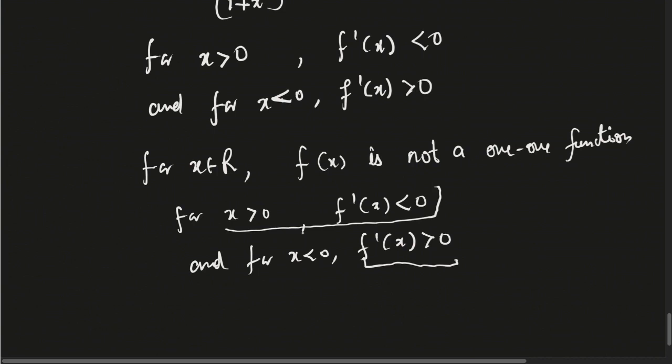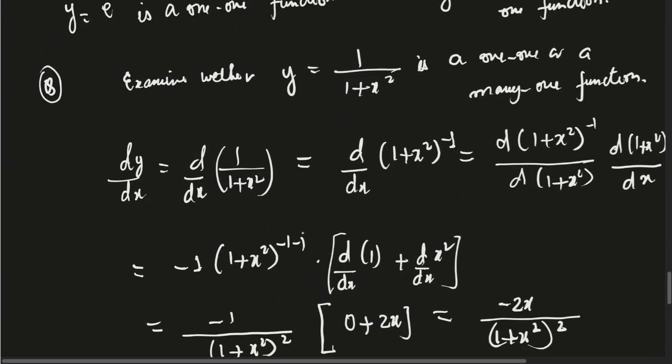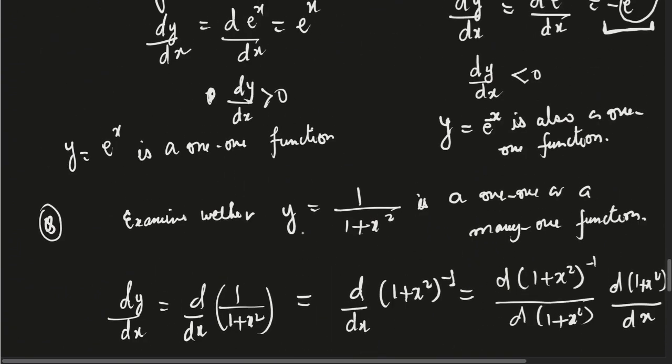That is, for x greater than 0, this is a 1-1 function. For x less than 0, this is a 1-1 function. But for the entire domain, negative infinity to positive infinity, this is not a 1-1 function. So this is how we try to show whether a function is 1-1 or many-one.